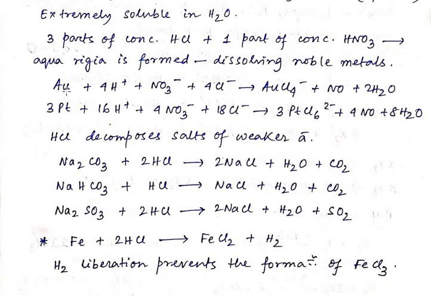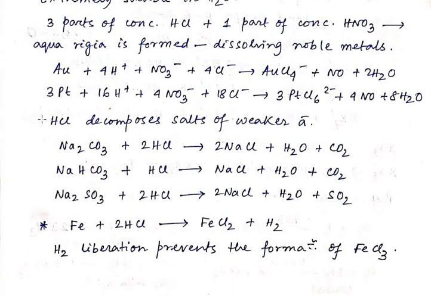Similarly, for another noble metal, platinum, when the platinum reacts with H plus, NO3 minus and Cl minus, meaning when it reacts with the aqua regia, it will form PtCl6 2 minus plus NO plus water. So those are the reactions of the noble metals with the aqua regia.